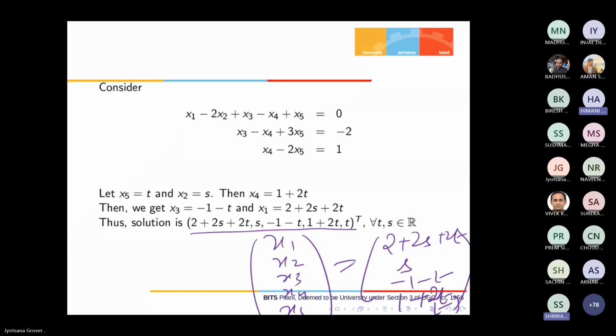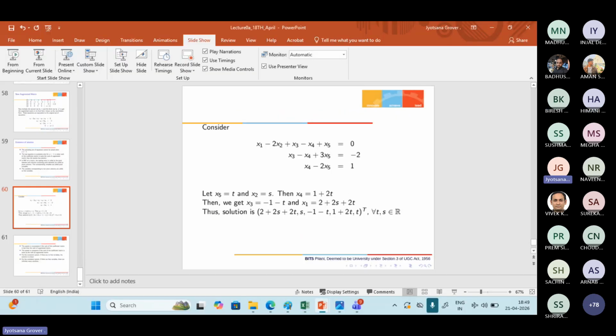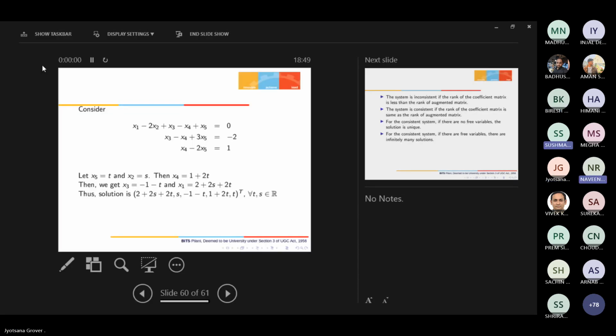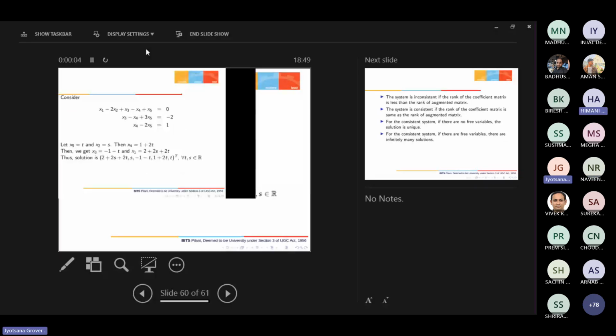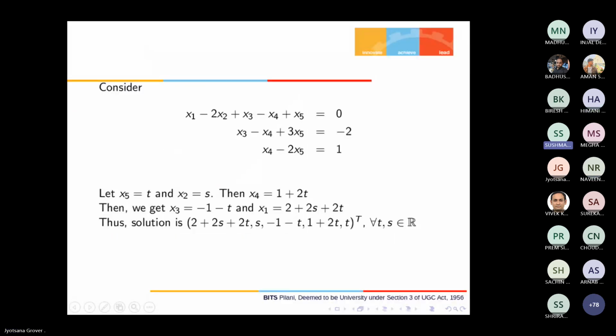Yes, ma'am. Can you tell us about the symbols in the last statement? The inverted A is for all, and this E and R sign. Yes, for all t and s belonging to real numbers. Okay, got it. So we'll just have to write the solution like an equation, and we don't have to substitute any number for s and t, right? Yes. And this means for every t and s, whatever t and s are.